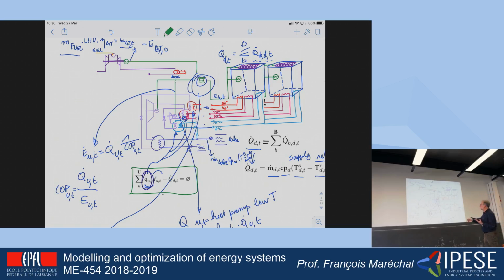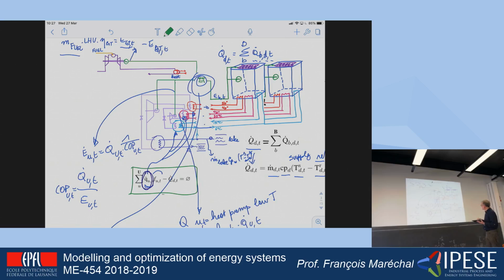And we write a balance. This is an equation that says that the level of usage of the different units that are able to supply a given amount of heat to the distribution system D at time t will be calculated such that it satisfies the needs of the distribution system.